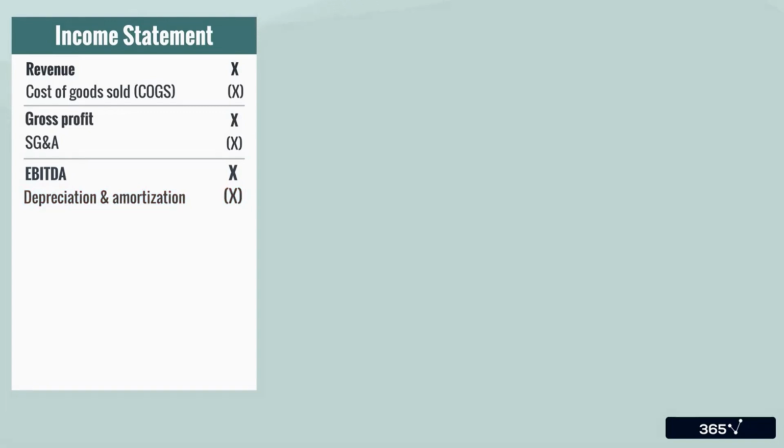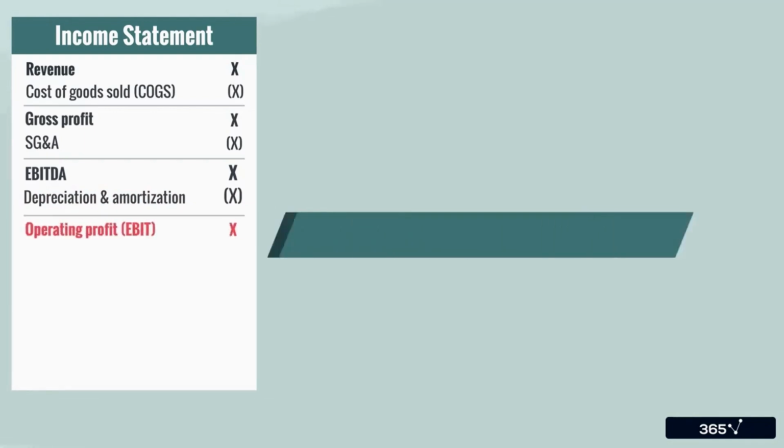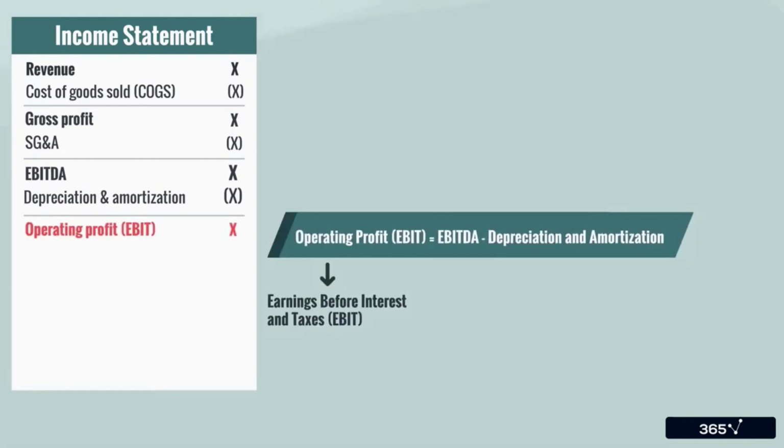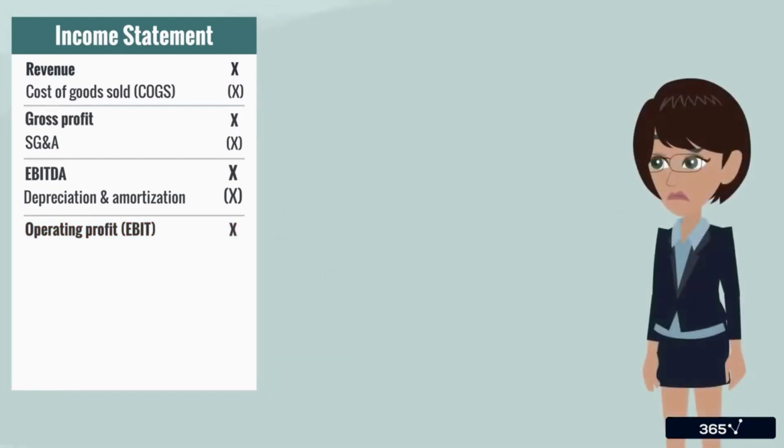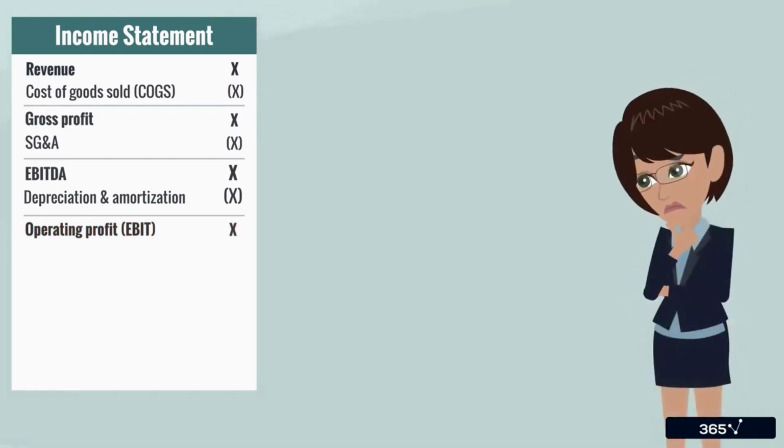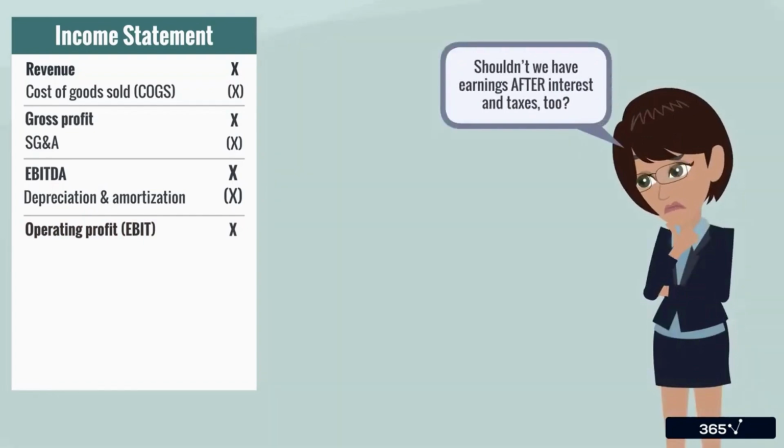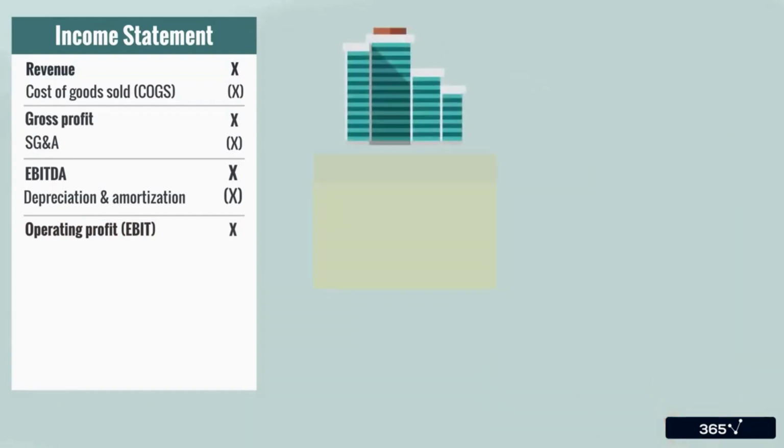Okay, what's next? If we deduct the depreciation and amortization expense from the EBITDA figure, we obtain the operating profit of the company. It is sometimes referred to as earnings before interest and taxes, or simply EBIT. As easy as that. Hang on a minute. Since we have earnings before interest and taxes, shouldn't we have earnings after interest and taxes too? That's true.